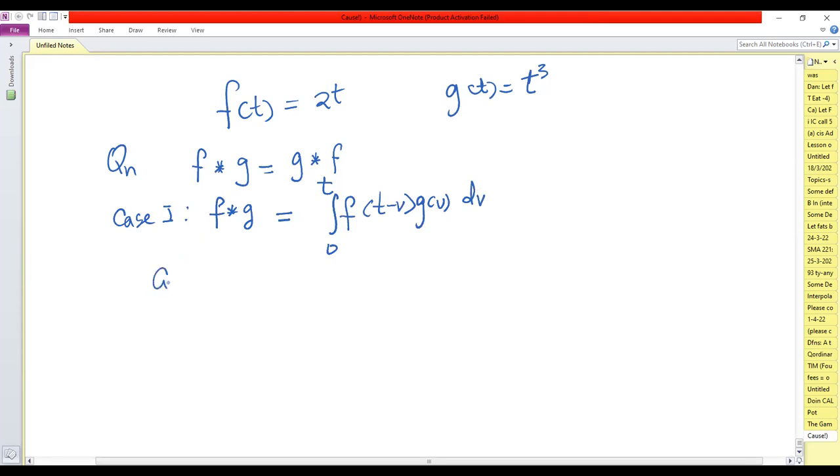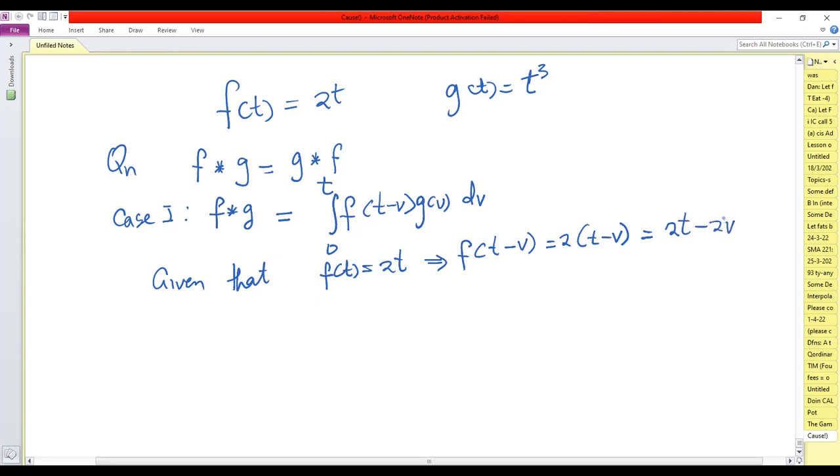So given that the function f of t is 2t, this implies that f of t minus v is the same as 2 times t minus v, which is the same as 2t minus 2v. And g of t is given by t cubed, which means g of v will be given by v cubed.